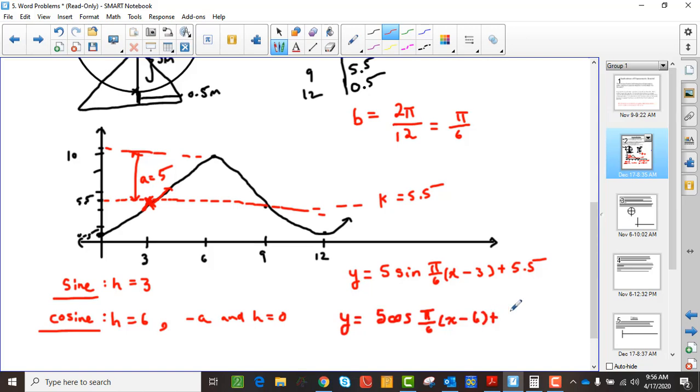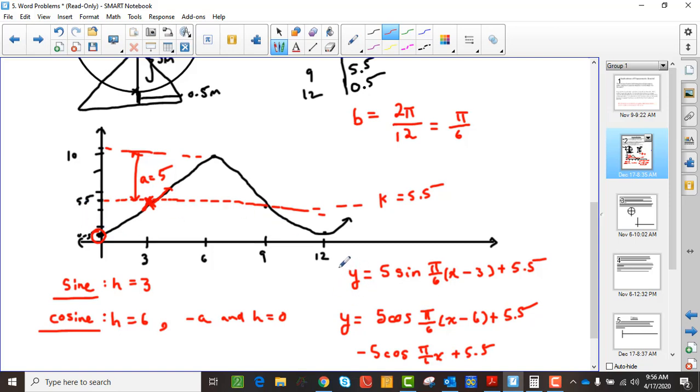So you can either do this, or you could do negative 5 cosine of pi over 6 x plus 5.5, where instead of starting at the peak, you start at the trough. Sorry, not the crest. So those are your options for the equation.